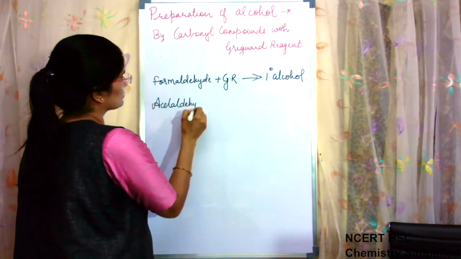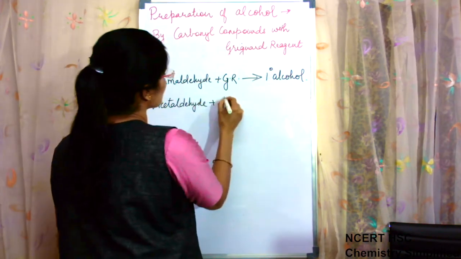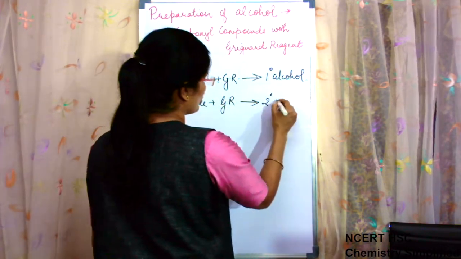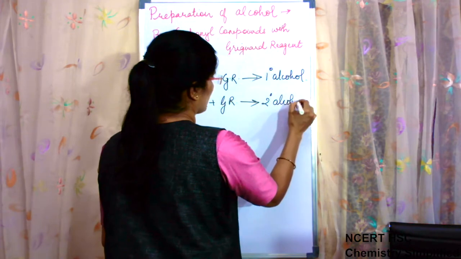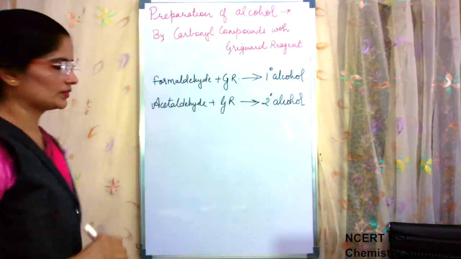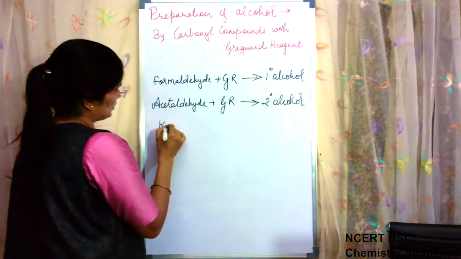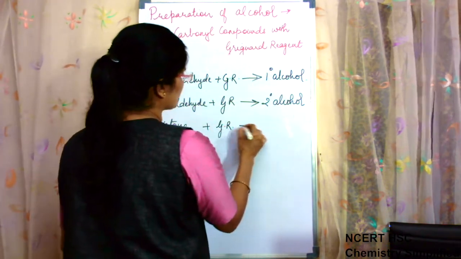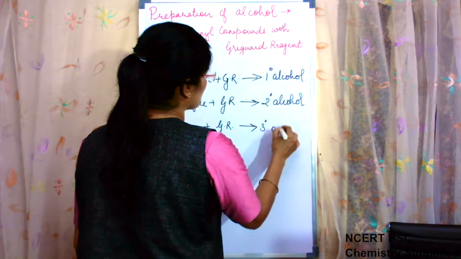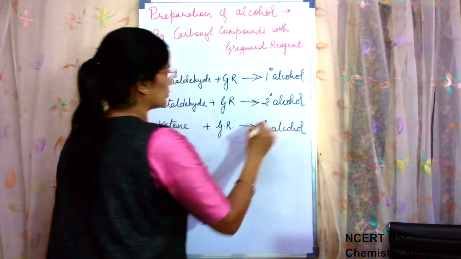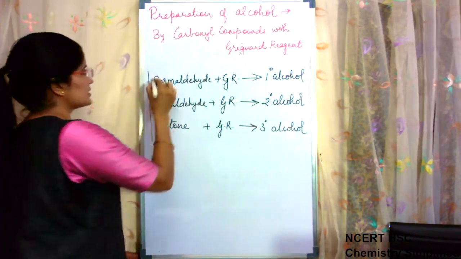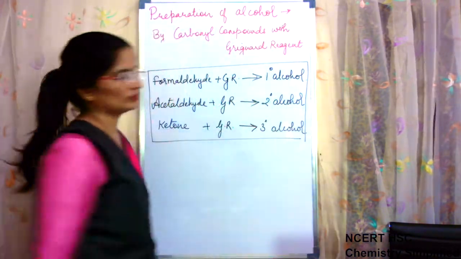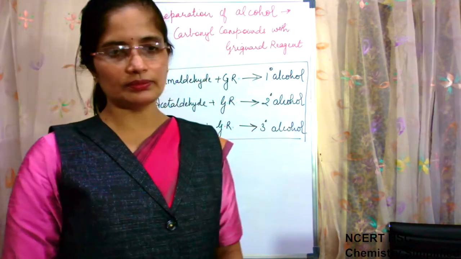Acetaldehyde plus Grignard reagent will give you 2 degree alcohol, and ketone plus Grignard reagent will give you 3 degree alcohol. So this is the conclusion of this reaction.